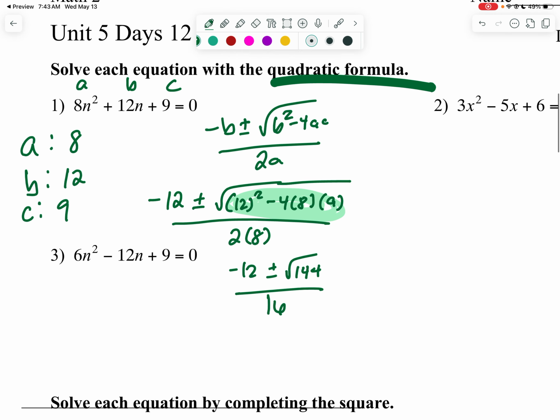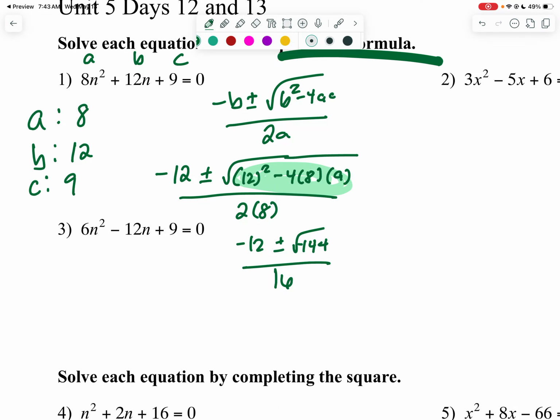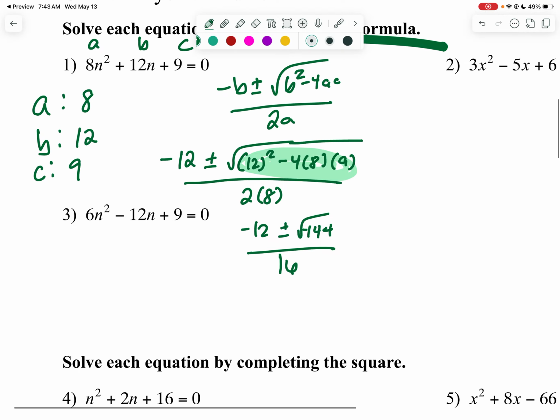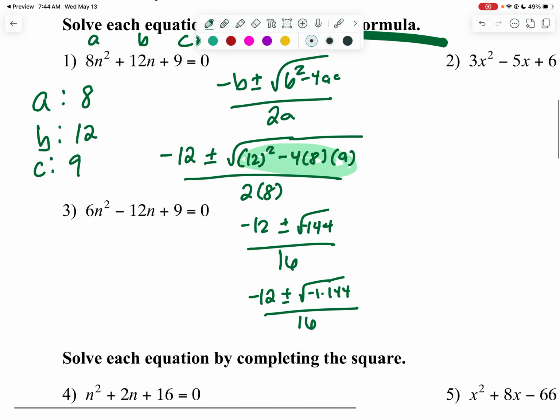Now, remember how negative 144 can be split up into negative 1 times 144. And the reason why I did that is because we could take the square root of 144, that's 12.